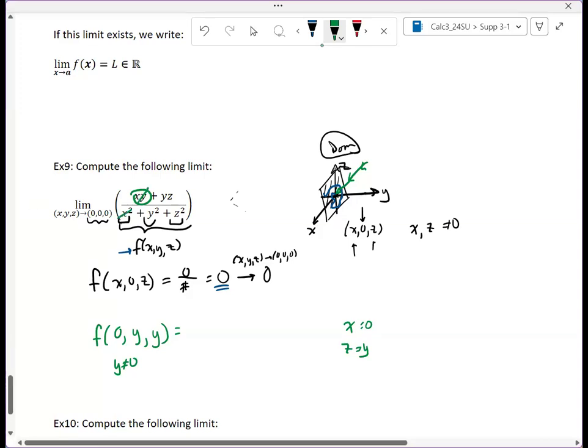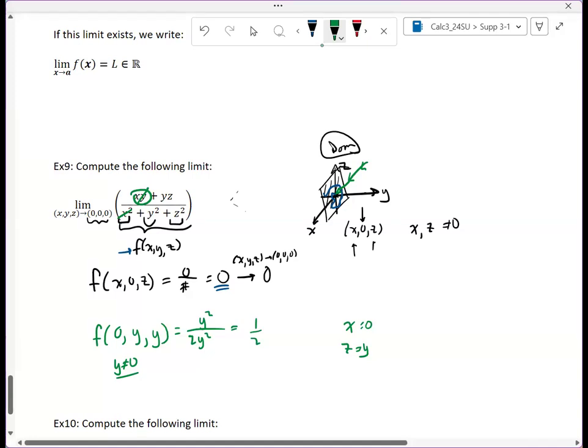If x is 0, these two terms go away. And then on the top, I have y times z, but that's really just y squared. And on the bottom, I really just have y squared plus y squared, 2y squared. Y is not 0, so this is actually just 1/2.